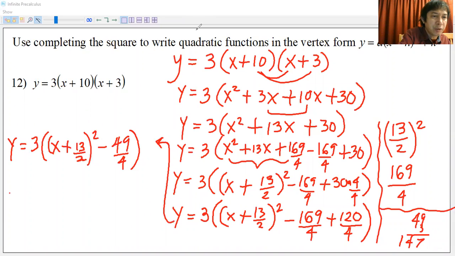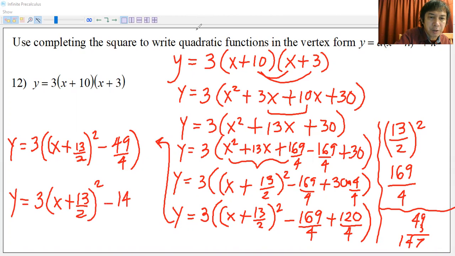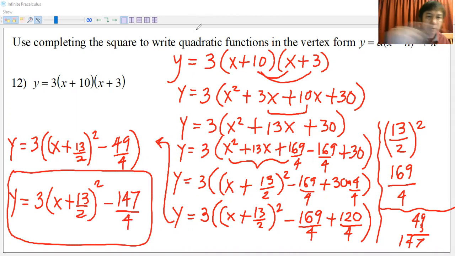So this will now be y is equal to 3 times x plus 13 over 2 squared, now this is negative 147 over 4. And this is our vertex form. Yes, it's a negative 147. All right. So that's our answer at the left side.